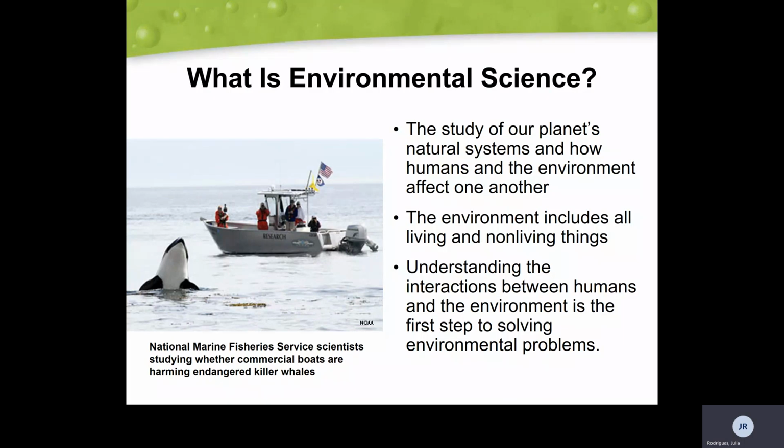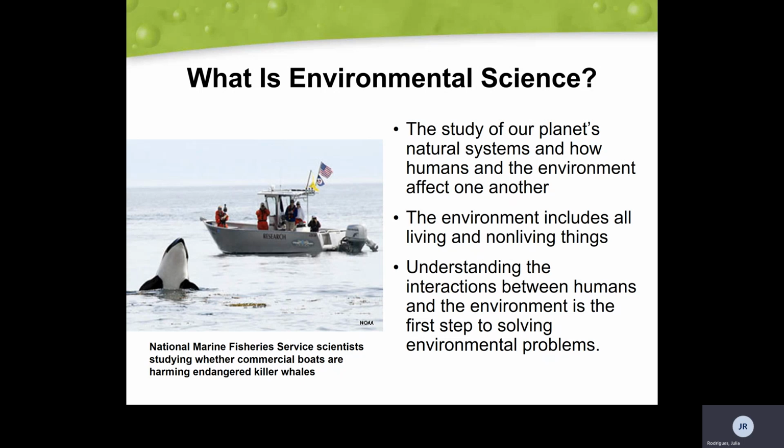So what is environmental science? Environmental science is the study of our planet's natural systems and how humans and the environment affect one another. So it's really looking at that relationship between humans and our environment. It also includes living and non-living things, so that includes other organisms on the planet, and also non-living things like the water and air that we need to survive.